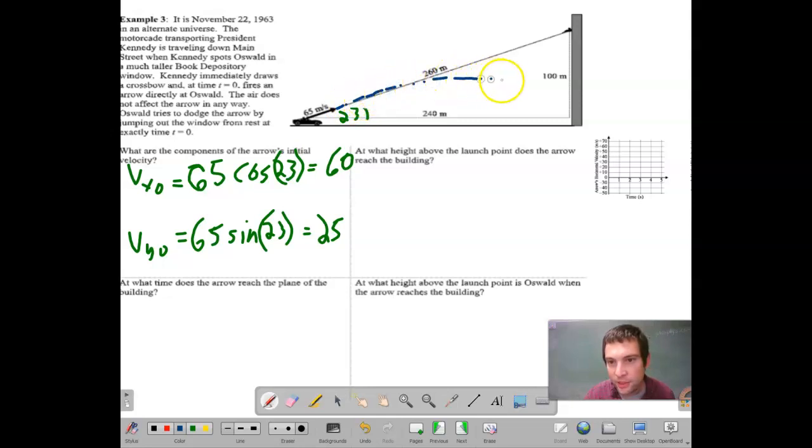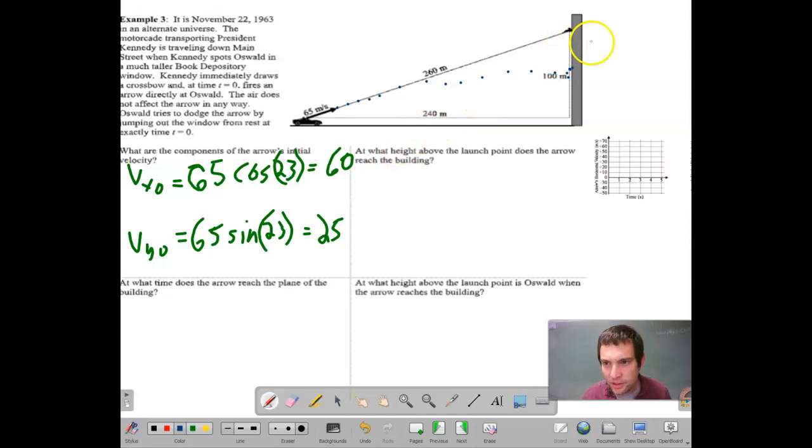So it's not going to follow that perfect straight line. It's going to have parabolic motion. I'm never going to be able to draw it nicely, but it's going to look roughly like that, where here is probably going to be its maximum height.